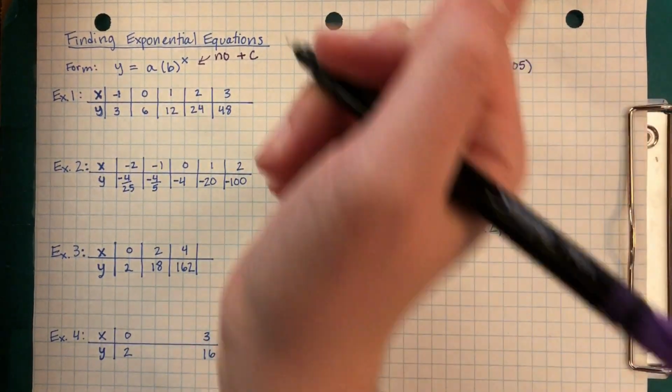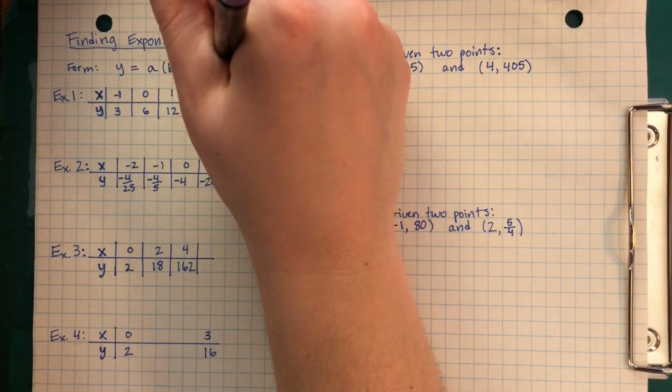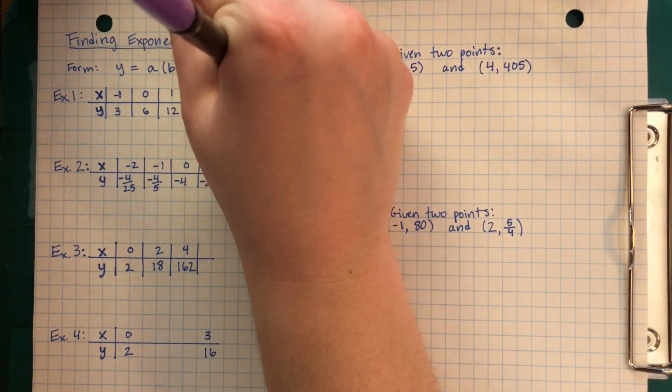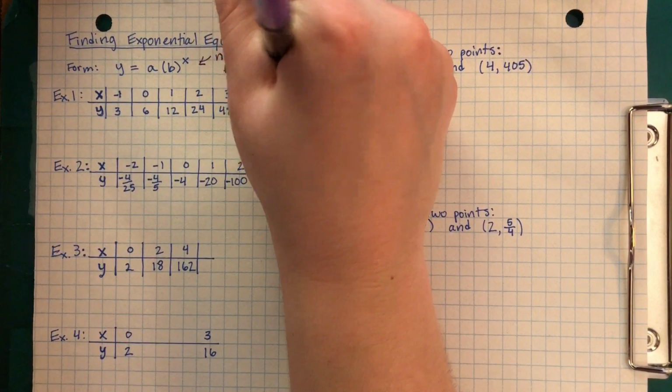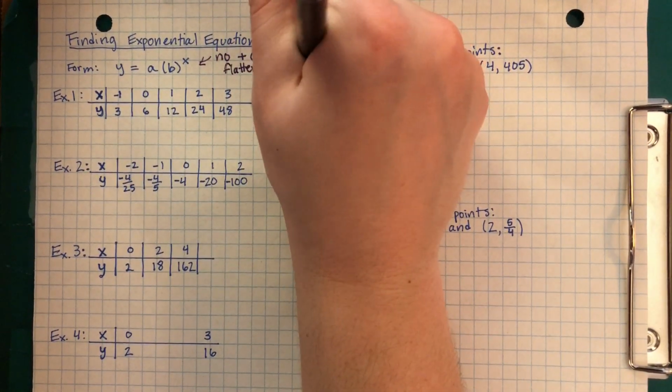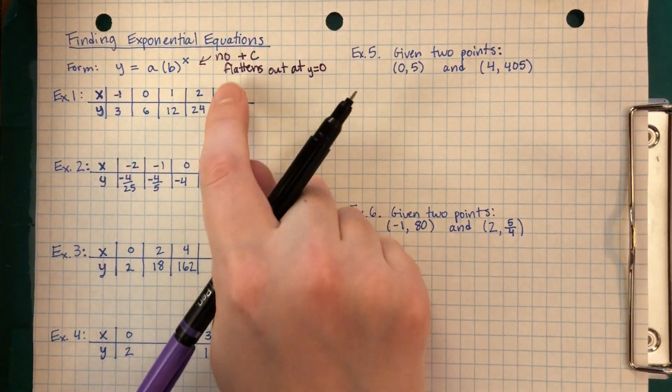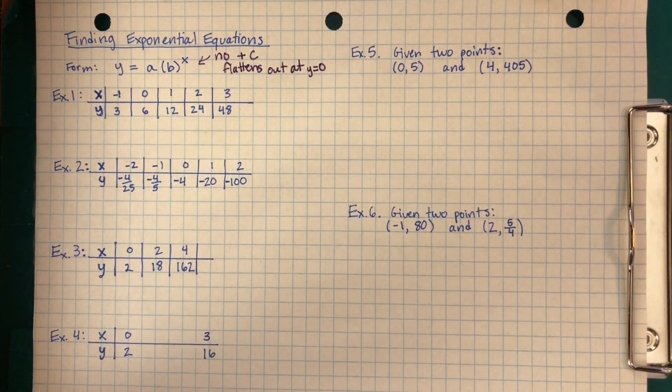So that means that it will always flatten out at y equals 0, because remember that plus c number tells you where on the graph it flattens out. If there's no number written there, it's 0. So these are all exponential equations that flatten out at y equals 0, which is along the x-axis. So we're not talking about any that have been moved up or down from there.